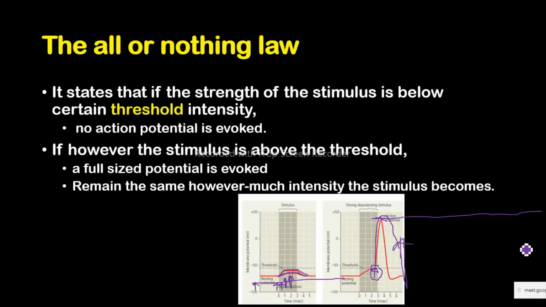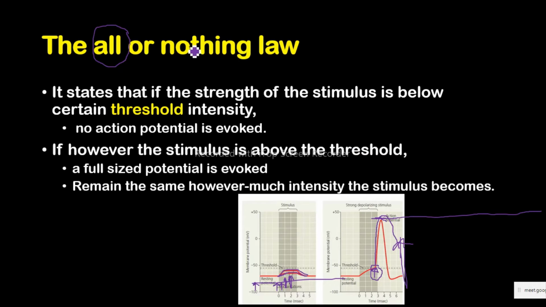So as long as the stimulus is equal to or above the threshold value, a full-sized action potential is evoked. So that's why it is called all or nothing. All, why? Because full-sized.